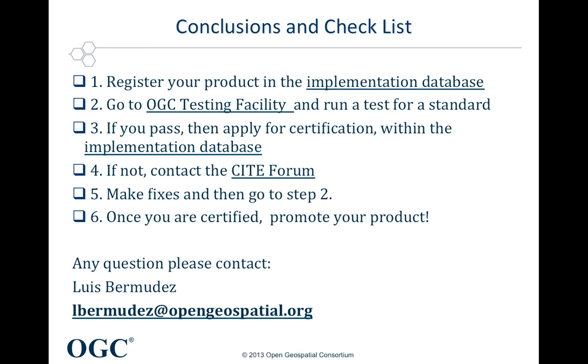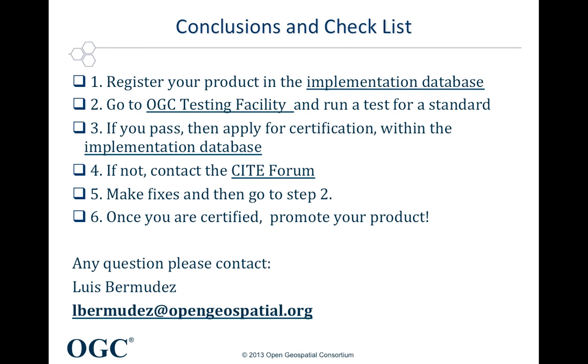So these are the conclusions, and I provide a checklist that you can take to your work. First, register your product in the implementation database. There is a link here for you to do it. Second, go to the OGC testing facility and run a test for a standard that you're interested in getting certified, or you're interested in improving your product. Once you pass, then apply for certification.